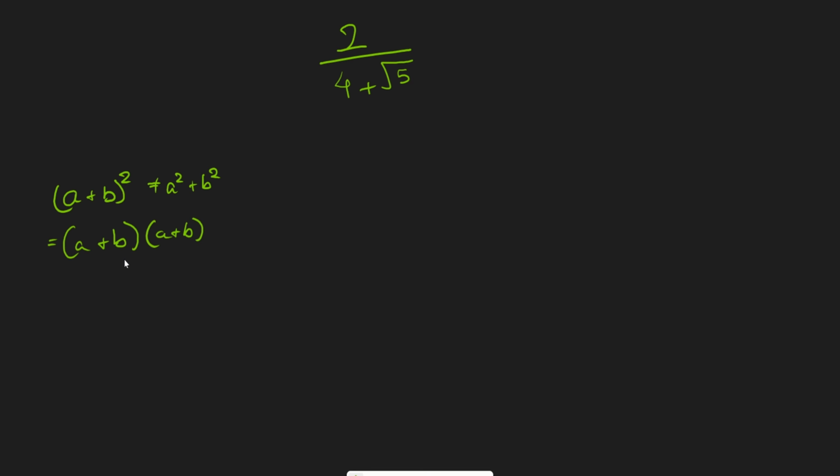So here you're going to multiply a with a plus b, and you're going to multiply b with a plus b. It looks very messy that way, but a lot of people find it easier when it's represented diagrammatically.